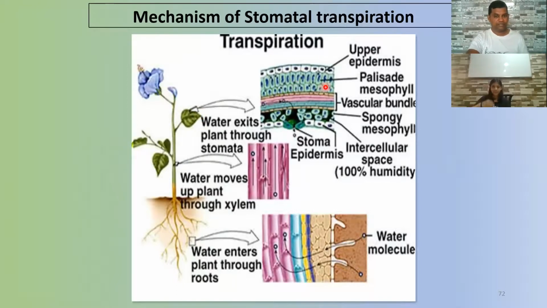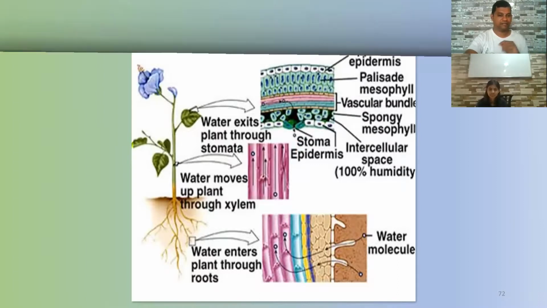After the leaf uses the water, the extra amount passes through the leaf cells and reaches the stoma. After reaching below the stoma, the water comes out, which is transpiration. Let me show you a diagram of this mechanism.